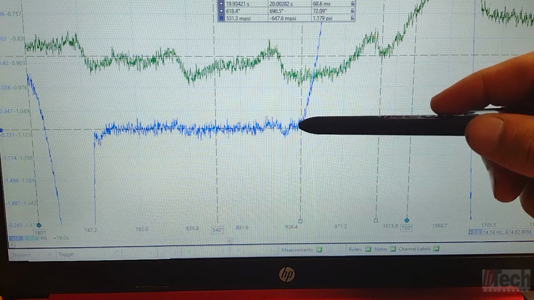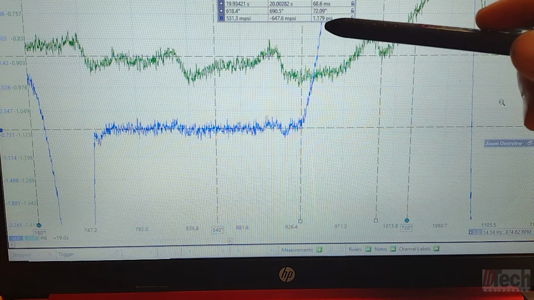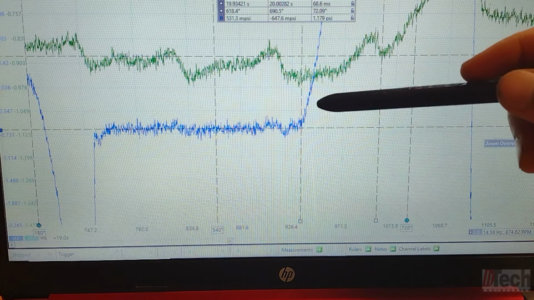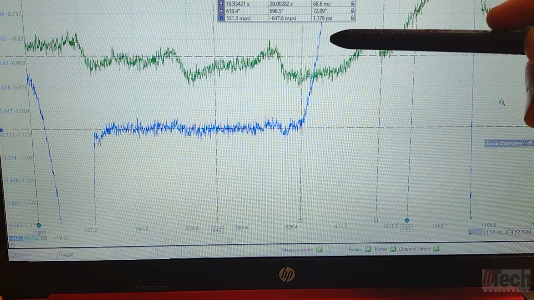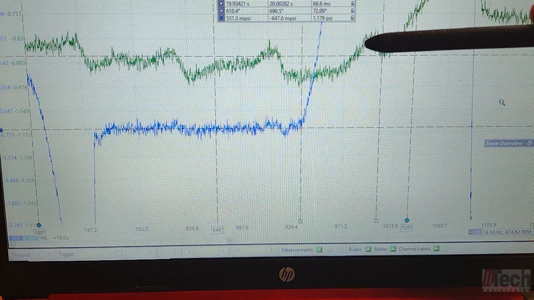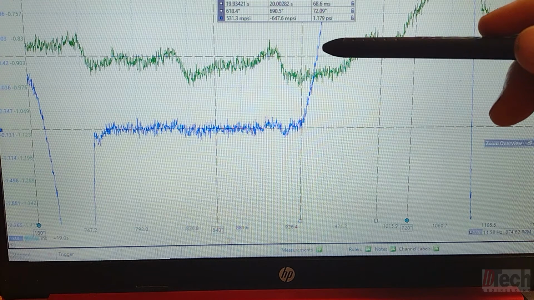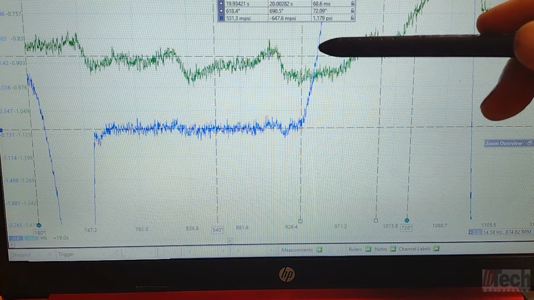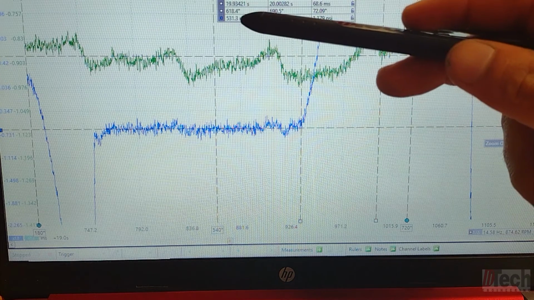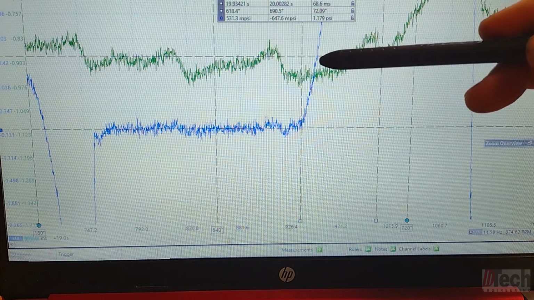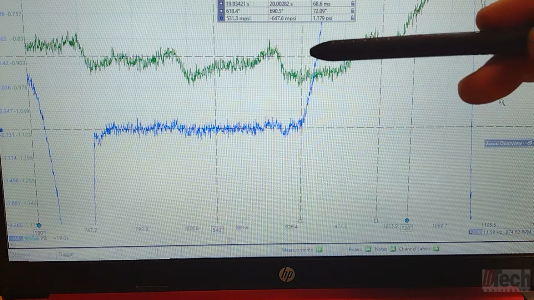So that's pressure. Intake valve closed, pressure started to go up. It started in vacuum and it crossed the 0 point and into positive. And at this point, as far as pressure in the cylinder, we are now only about a half psi positive in the cylinder.